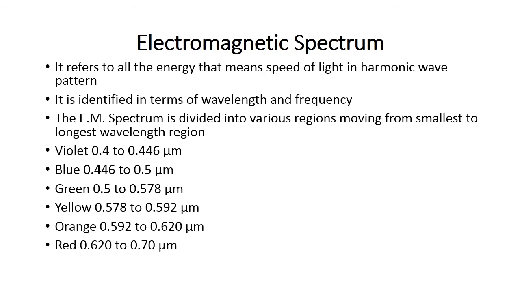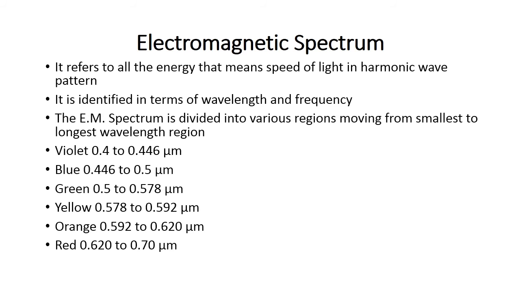For example, the violet color range is from 0.4 to 0.446 μm, blue color 0.446 to 0.5 μm, green color 0.5 to 0.578 μm, yellow 0.578 to 0.592 μm, orange 0.592 to 0.62 μm, and the last one is the red color, that is 0.62 up to 0.7 μm.